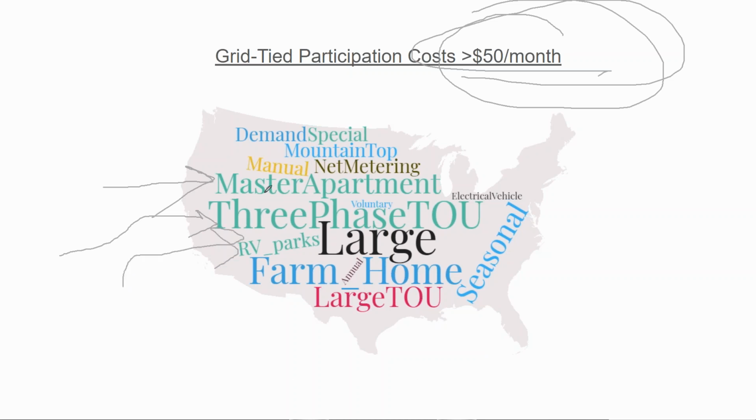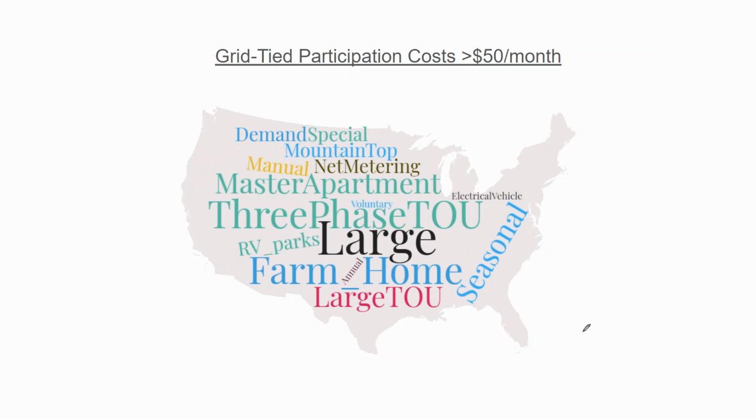An RV park, that might be your master meter, or it might be similar to these mountaintop rate structures or these seasonal rate structures, where a hunting cabin or a fishing cabin might sit empty 6 months out of the year, only using $1 or $2 of electricity, even though it's very expensive to push the electricity all the way out to those remote rural areas. That's where you start to see the bill be more of a fixed fee rather than a metered electrical rate.